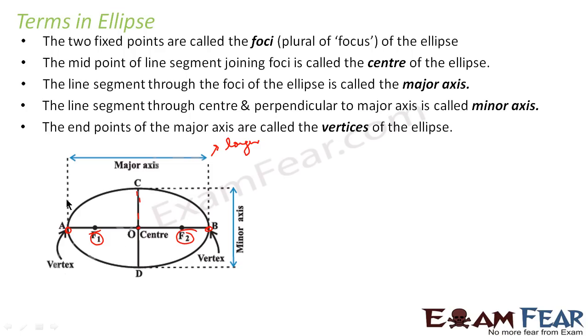So we have major axis, minor axis, foci, center and also vertices. This is the naming convention in ellipse. Also, half of the major axis is called semi-major axis, and semi-major is also called major radius.